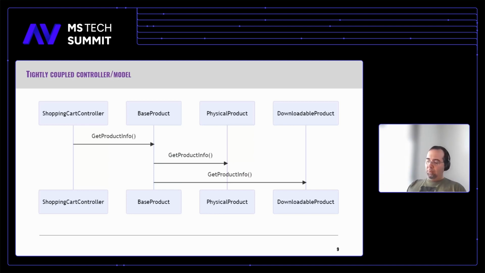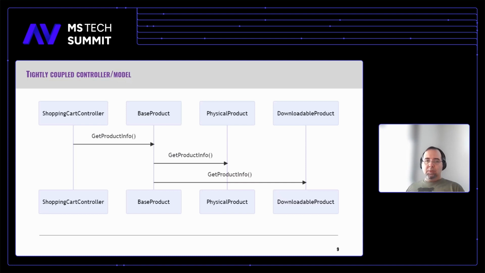Each new product type you add will complicate the logic even more. And that's just one controller, and large systems have at least dozens of controllers, because enterprise systems are not that simple.